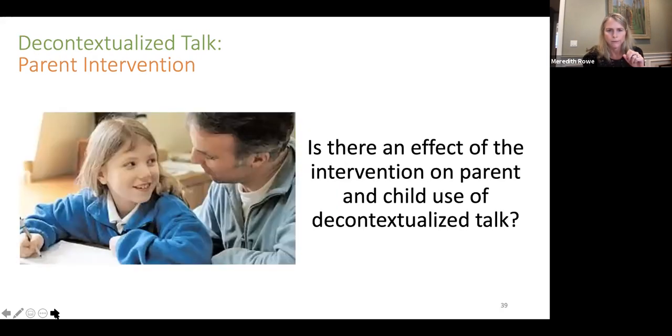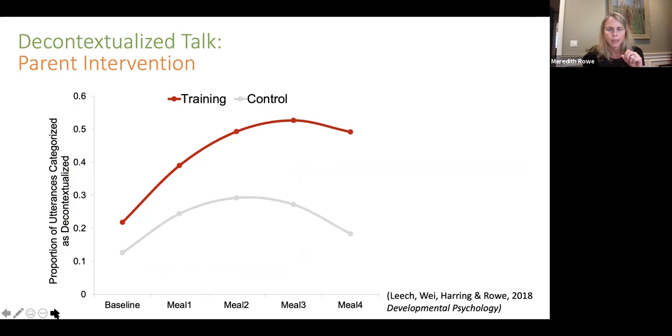So what do we find? Here are the results for the parents. Basically, the proportion of utterances across the sessions that was decontextualized increased really pretty dramatically in the training group. These are the plots from the longitudinal growth models, which is why they're so perfectly smooth.